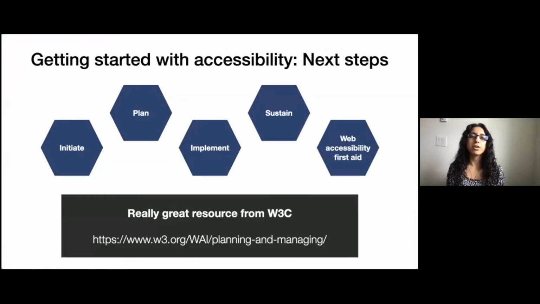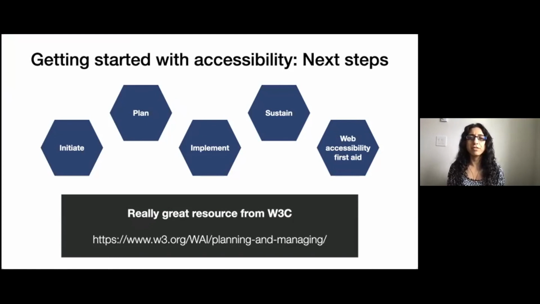So where can you go from here? It really depends on where your organization is at with accessibility. The W3C has some really great resources on how to actually move forward with web accessibility in your organization. If you're just starting out, you can take a look at these resources, and they do a really good job of taking you through these different stages of initiating, planning, implementing, and sustaining accessibility practices in your organization.